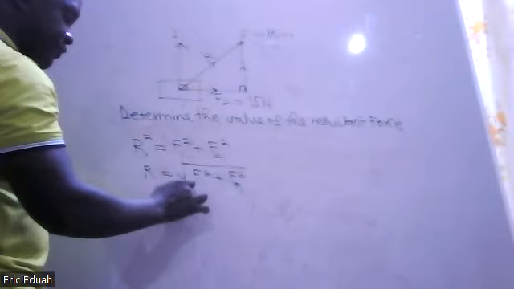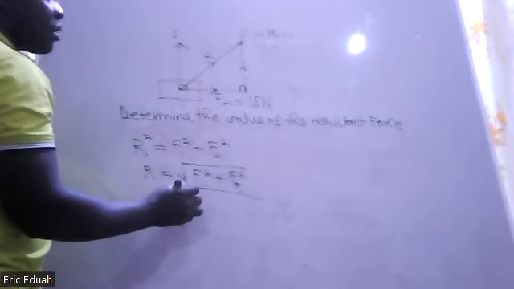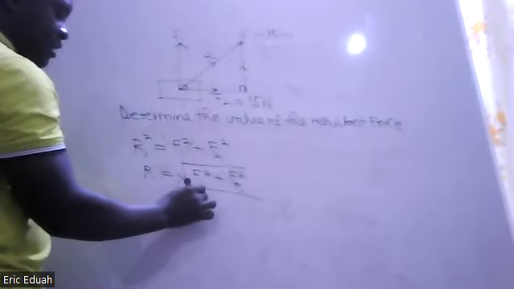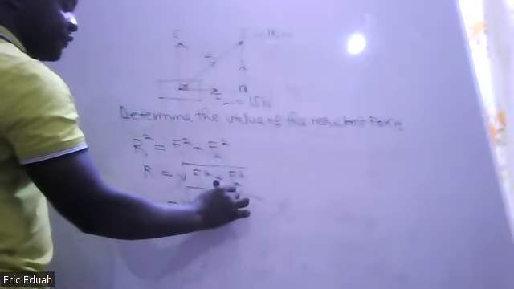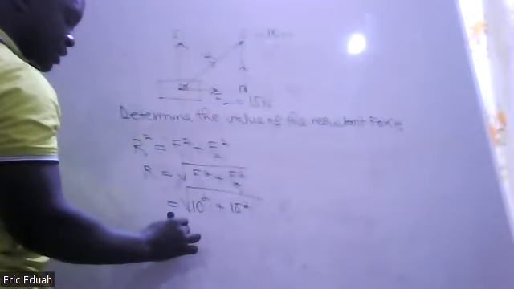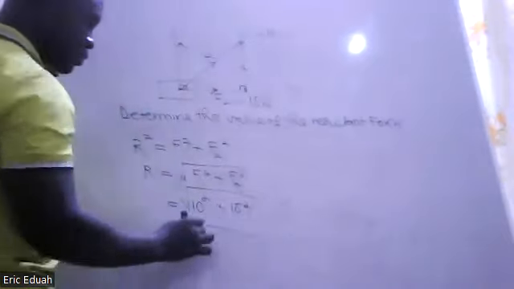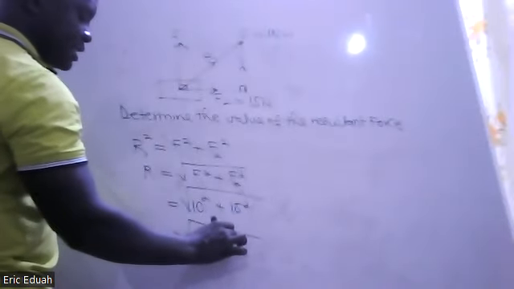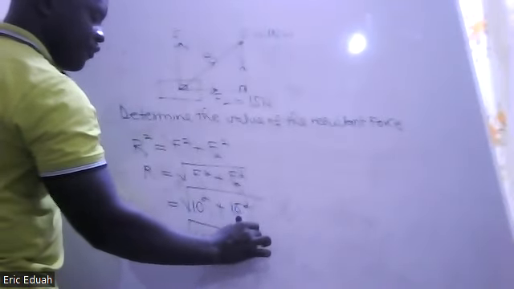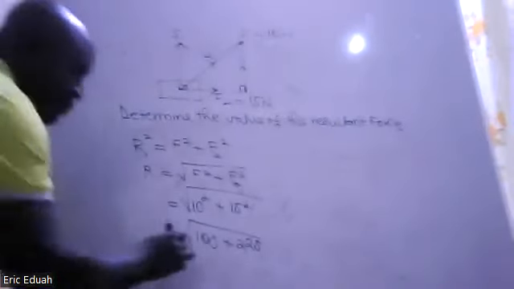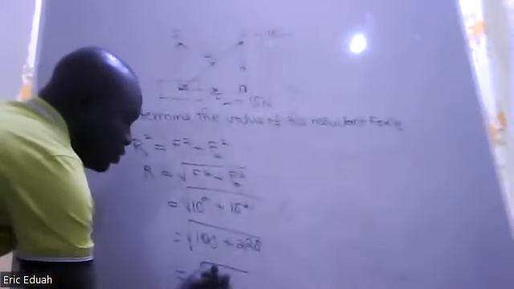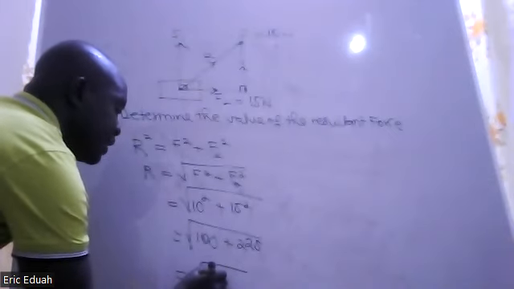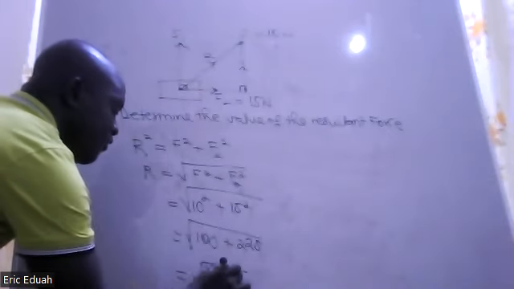And so we have 10 squared plus 15 squared. This is equal to 100 plus 225, which is the square root of 325.